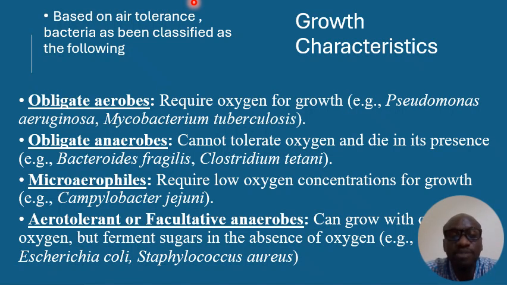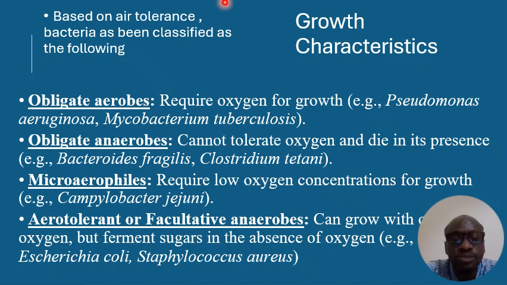Anaerobes grow in the absence of oxygen. Then we have the facultative anaerobes that can grow with or without oxygen. And we have microaerophilic that require little oxygen. They require little concentration of oxygen.